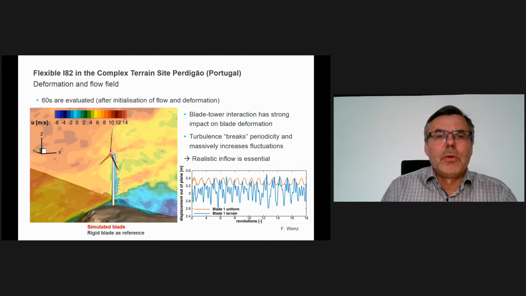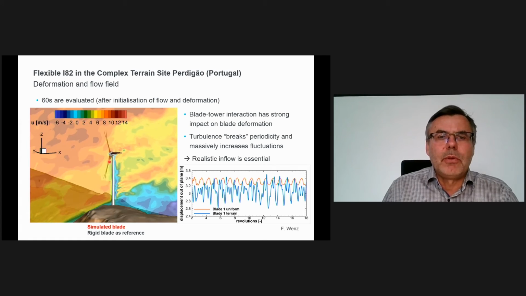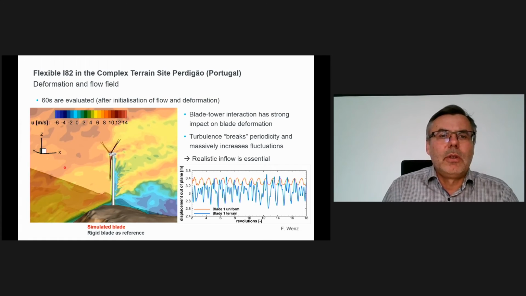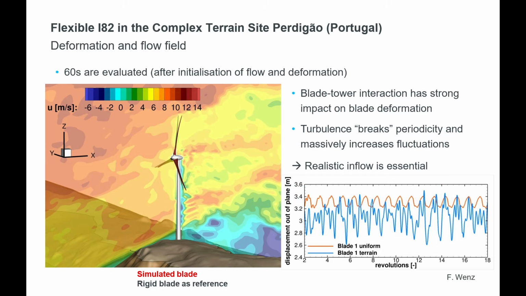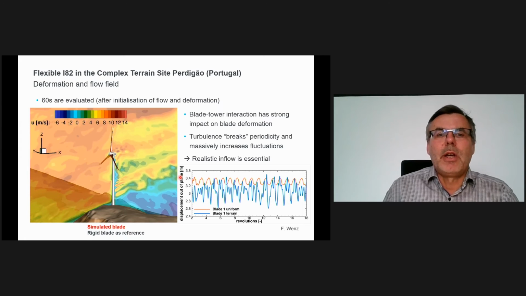This is just to show you that we did a full structural coupling CFD simulation. You see the turbulent atmospheric inflow, you see the orography, and not surprisingly, we have a very strong impact of the turbulence and the terrain on the deformation of the blade.